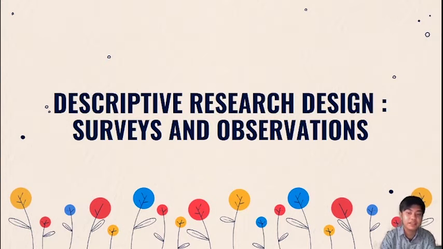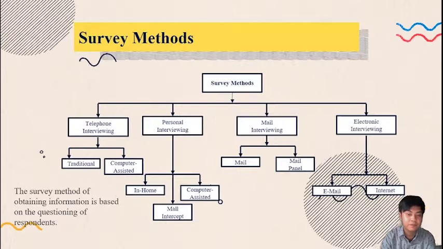Descriptive research design, survey, and observation. On a survey, there are several methods. First, telephone survey. Telephone survey are further divided into the traditional way or with the help of computer, or better known as robot message. Second, personal interview.